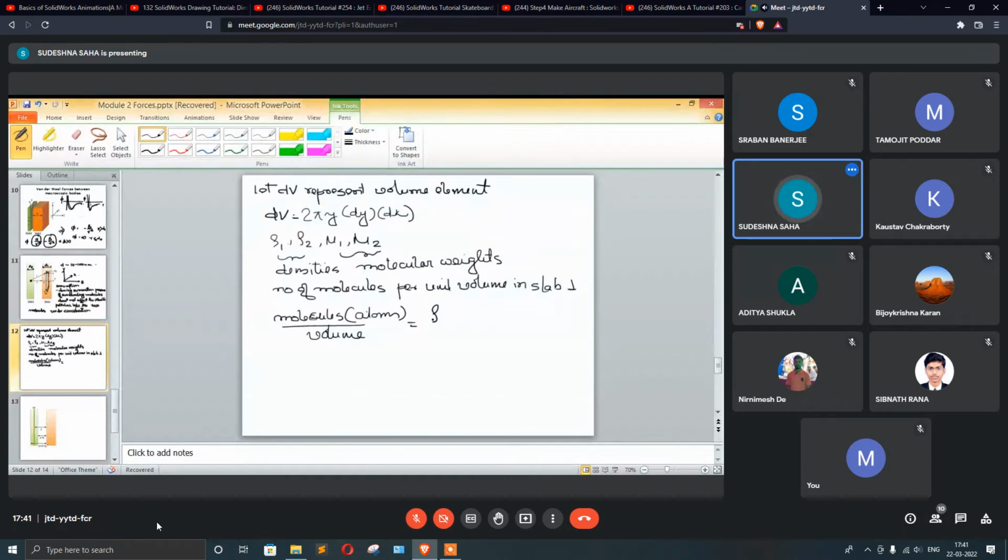This will be nothing but gram per centimeter cube, atoms per mole, and then per gram.